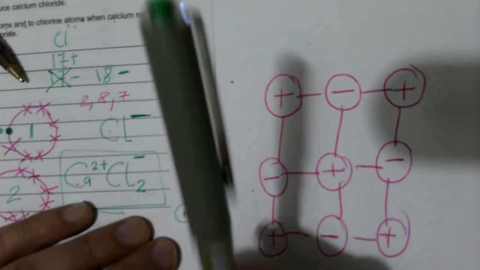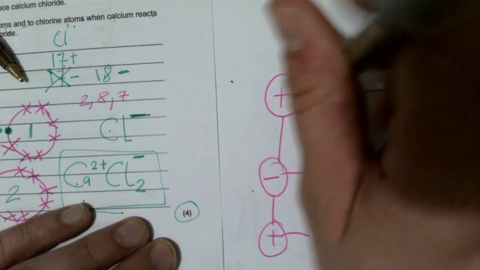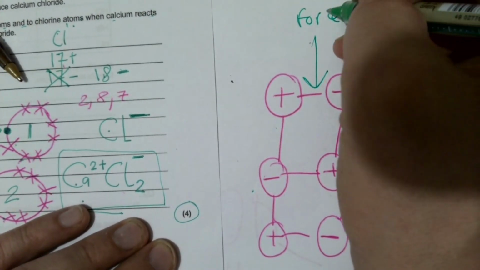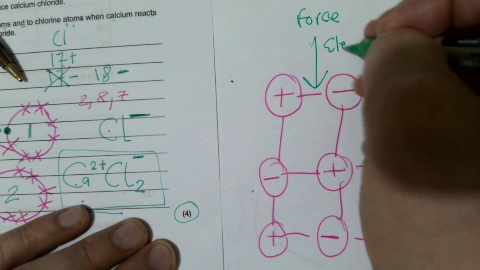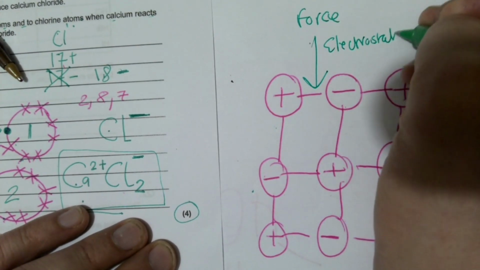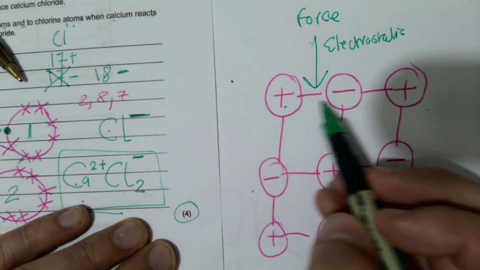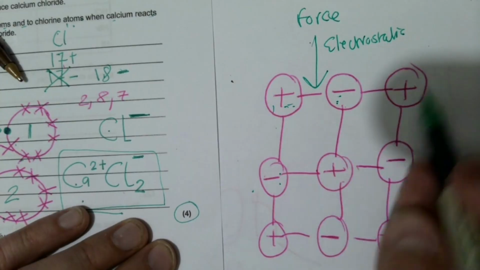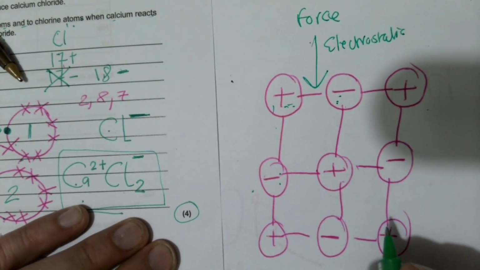Ionic giant lattice. Out the way, cable. This is a force, I hope if I could spell it right, and it's called the electrostatic force. It is opposite charges attract, and it holds the arrangement in this giant ionic solid.